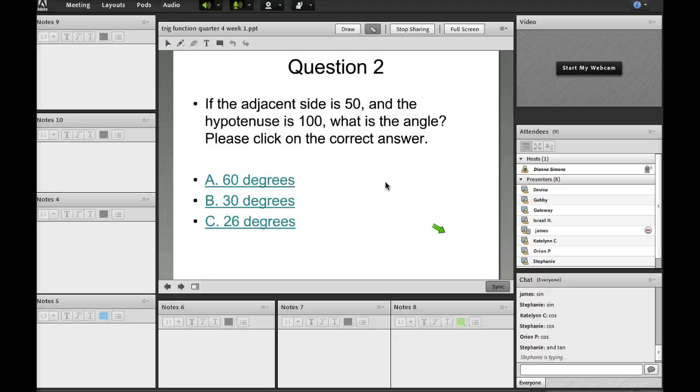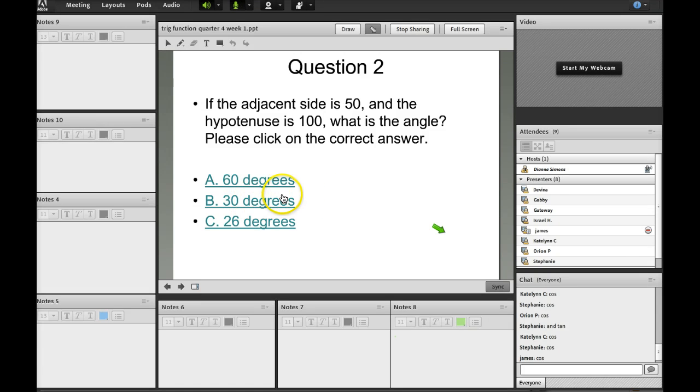We're going to use sine, cosine, or tangent, guys. We know adjacent is 50. Hypotenuse is 100. Caitlin says cosine. We want to know the angle. Gabby says cosine. James says cosine.